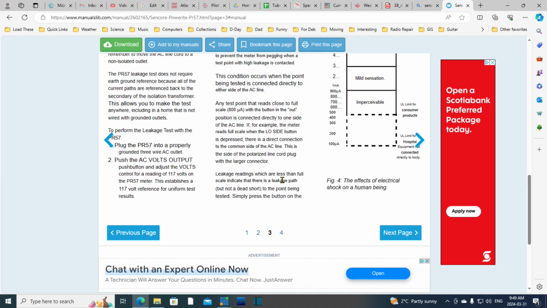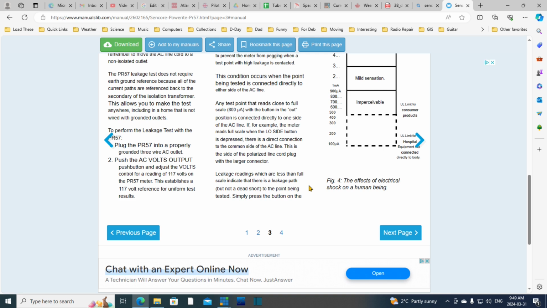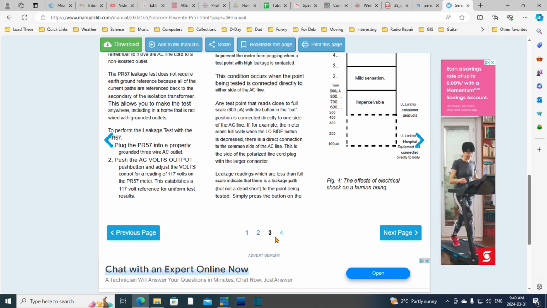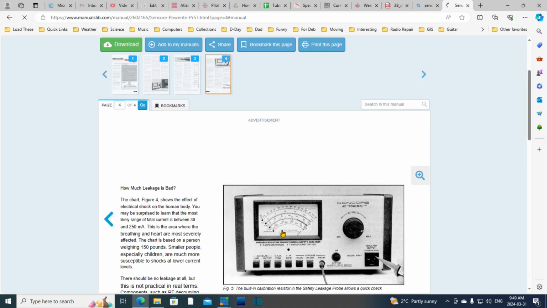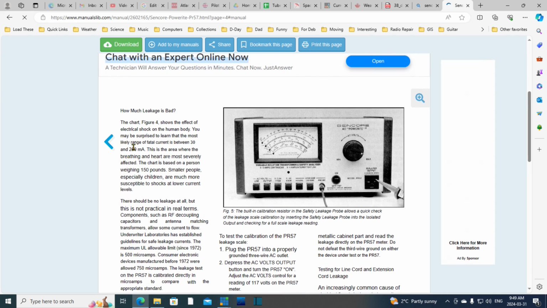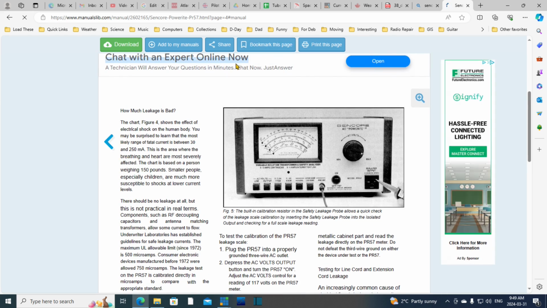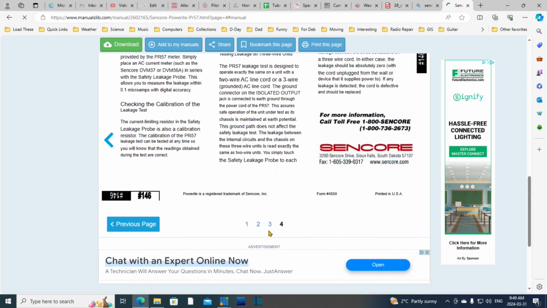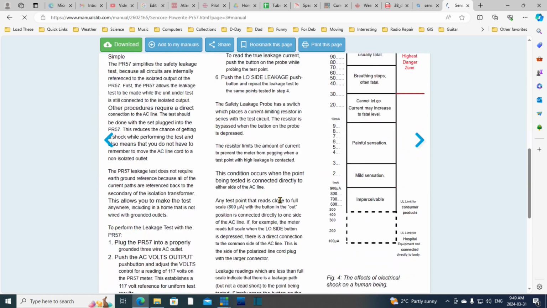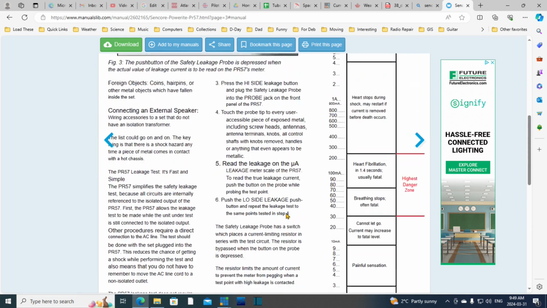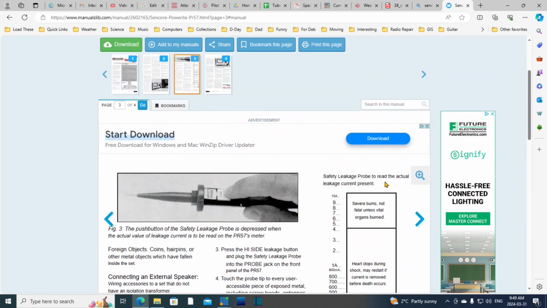Leakage readings which are less than full scale indicate there is a leakage path, but not a dead short to the point being tested. Simply press the button on the safety leakage probe to read the actual leakage current present.